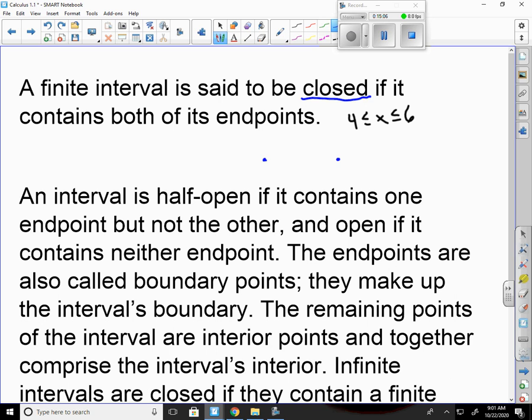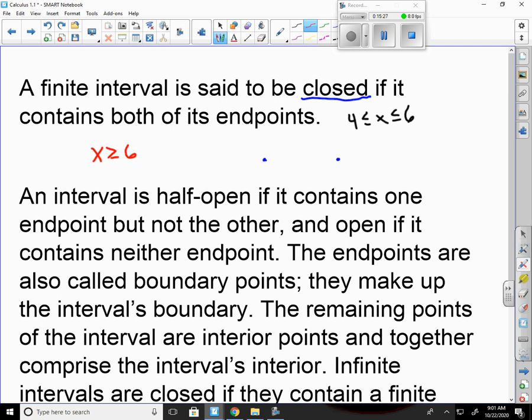An interval is half open if it contains one endpoint but not the other, and it's open if it contains neither endpoint. If I say x is greater than or equal to 6, that is half open because I'm going from 6 to infinity.